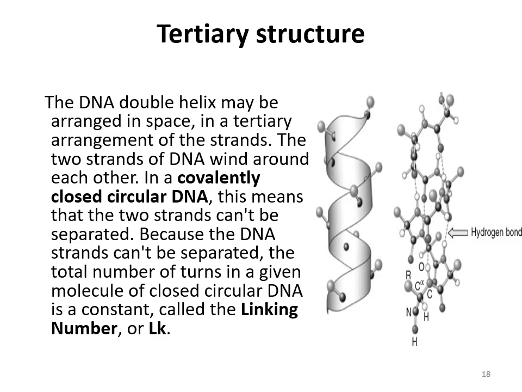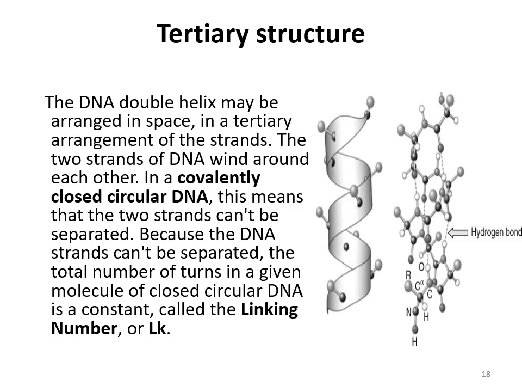The two strands of DNA wind around each other in a covalently closed circular DNA. This means that the two strands can't be separated easily. Because the DNA strands can't be separated, the total number of turns in a given molecule of closed circular DNA is a constant.